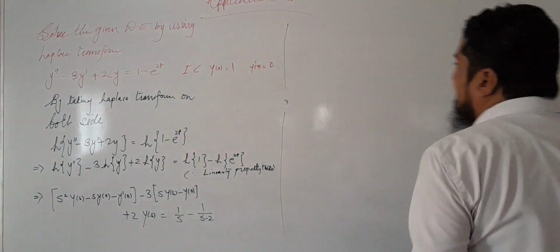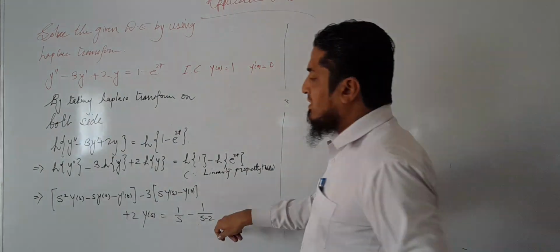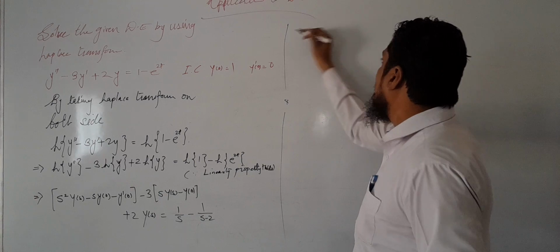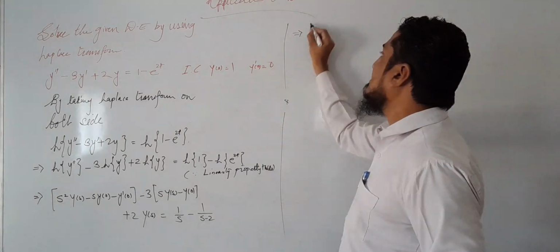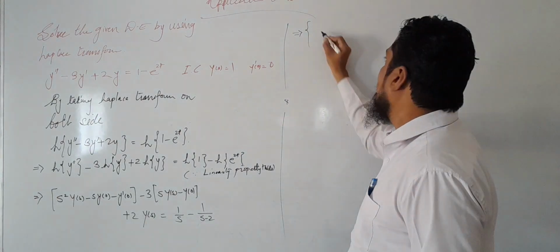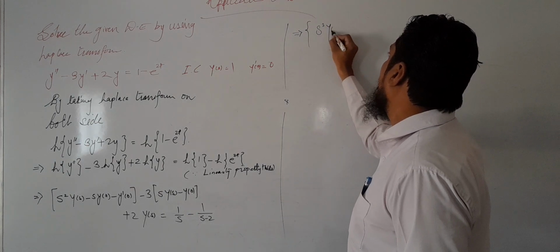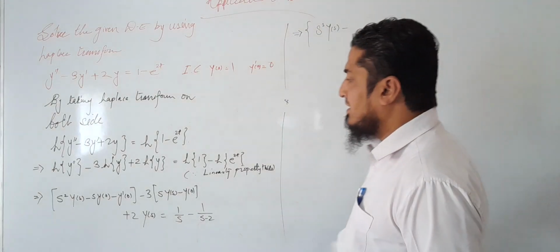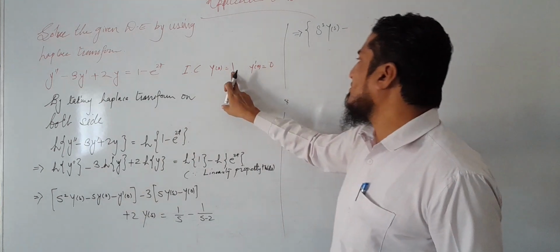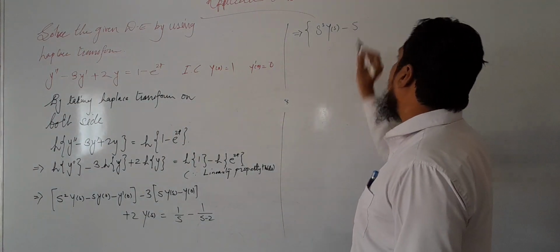So, by putting these values in the required equation, we will see some changes, which are as follows: s square y of s minus s y of 0. Y of 0 is equal to 1, so we can write only s here.